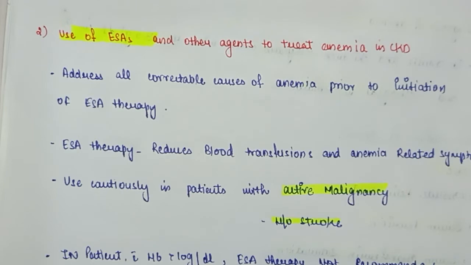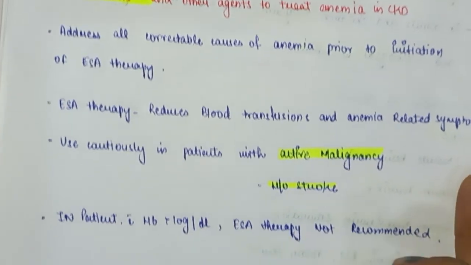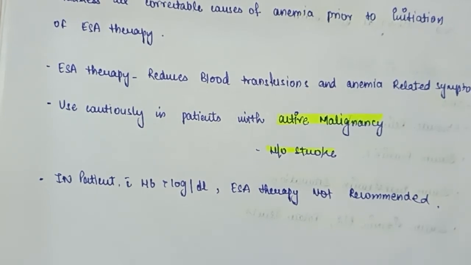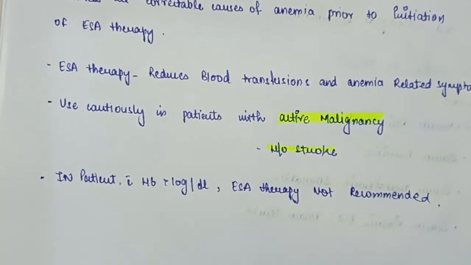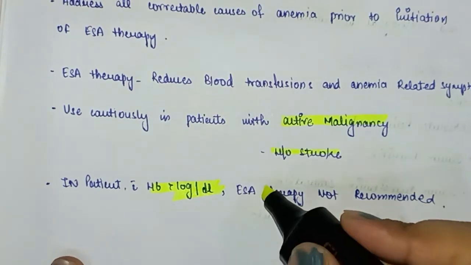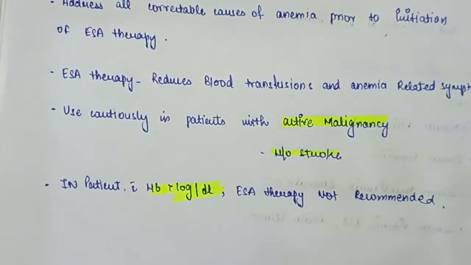So when do we have to start erythropoietin therapy, or at what hemoglobin is it recommended? There are no clear-cut guidelines which suggest a particular hemoglobin for starting it. But according to the latest KDIGO guidelines, in patients with hemoglobin more than 10 gram per deciliter, ESA therapy is usually not recommended.